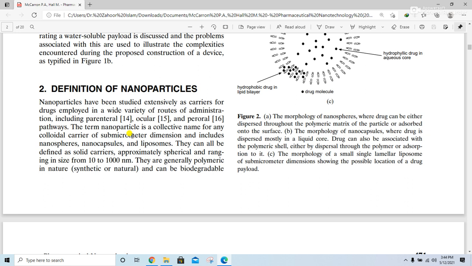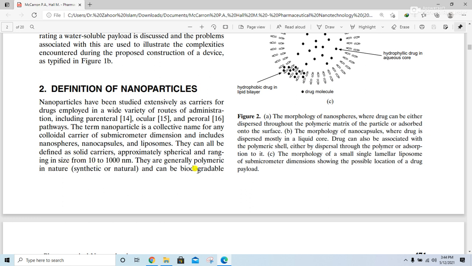The term nanoparticle is a collective name for any colloidal carrier of submicron or submicrometer dimension, which includes the nanosphere, nanocapsule, and liposomes. They can all be defined as a solid carrier, approximately spherical, ranging in size from 10 to 1000 nanometers.